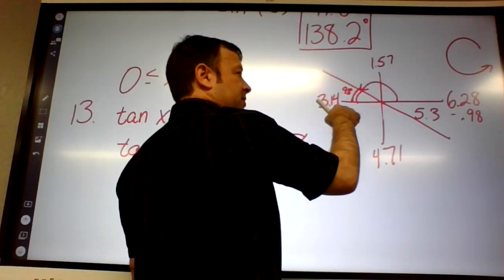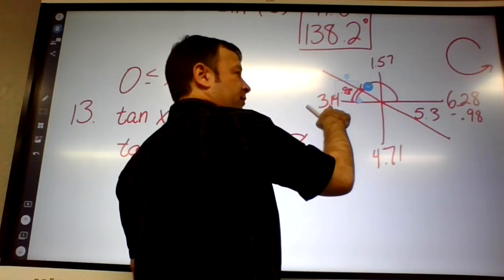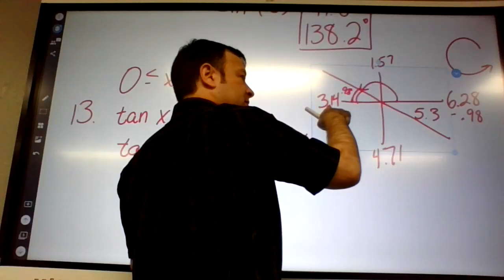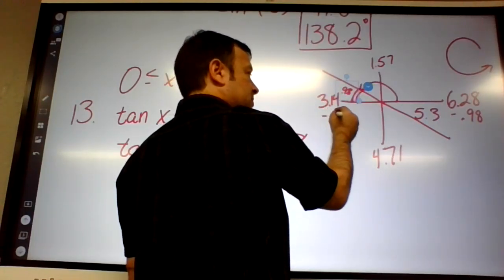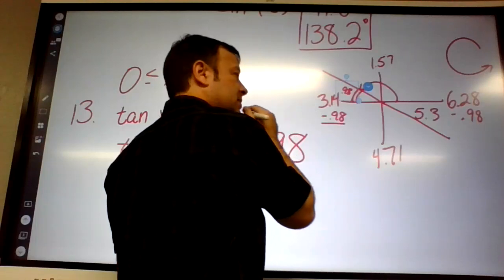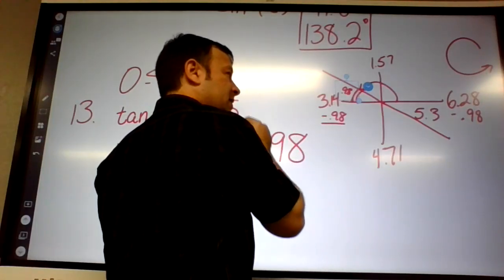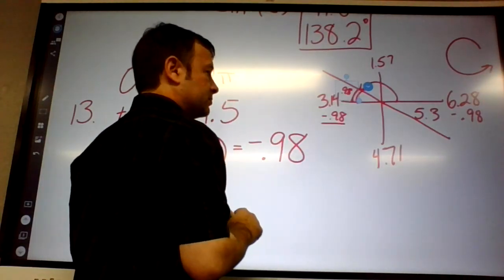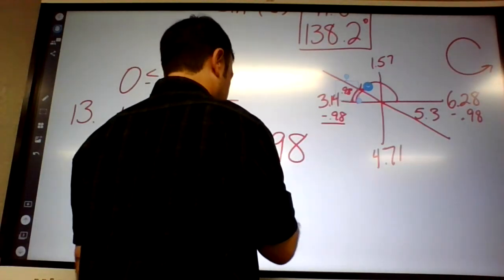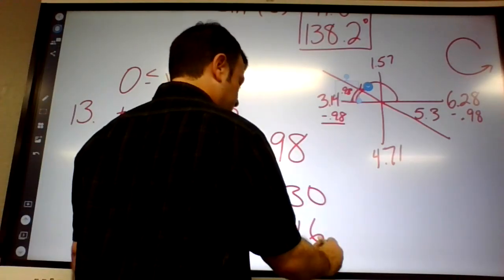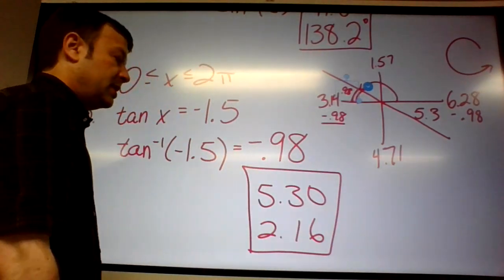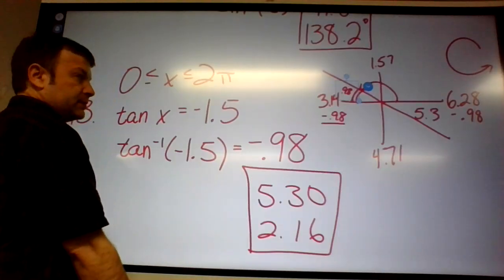So it would be 0.98 short of 3.14. So we do 3.14 minus 0.98, rounded to the hundredths place. Okay, 2.16. All right, so we got 5.30 and 2.16.